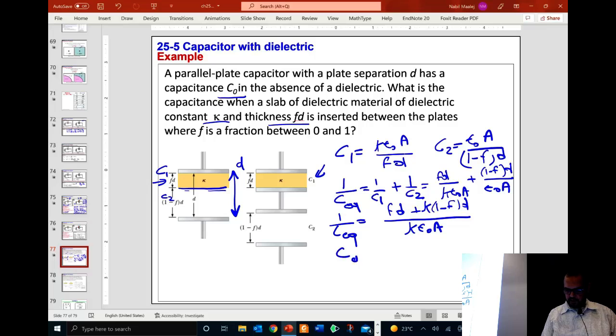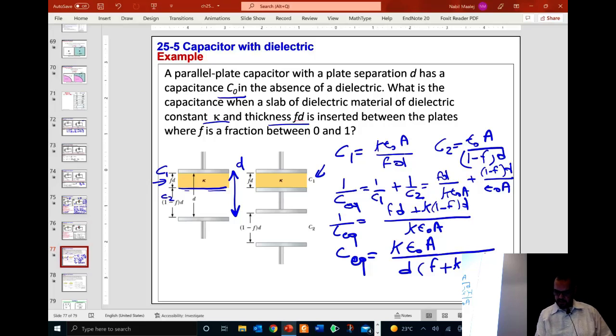So now we can solve for C equivalent. I can take the D outside. So this is going to be kappa epsilon 0 A divided by D times F plus kappa times 1 minus F. Correct?